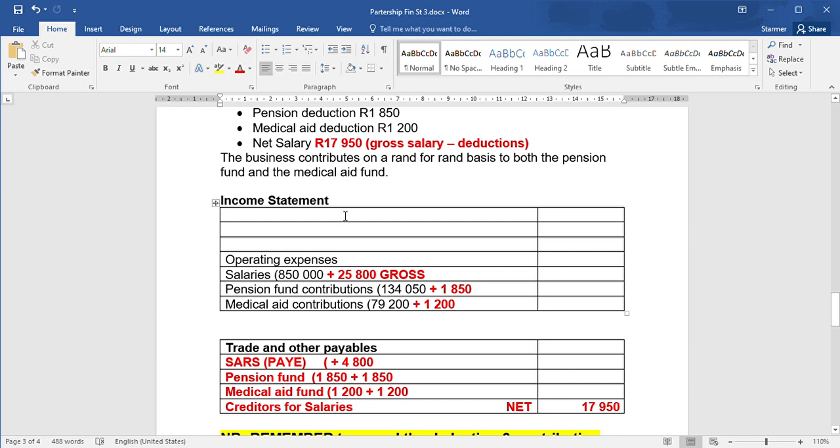And then if you work out your net salary by taking gross salary minus deductions, that is what is owed to the worker.